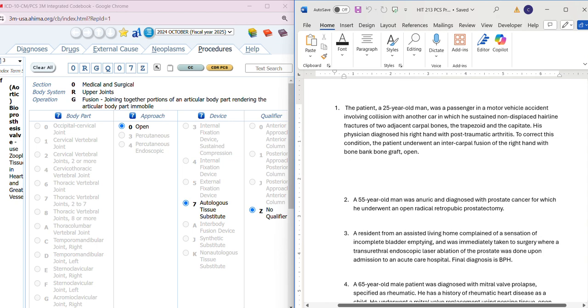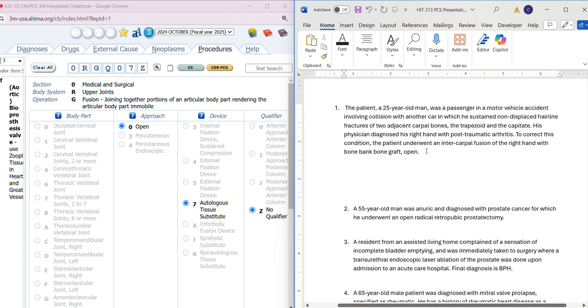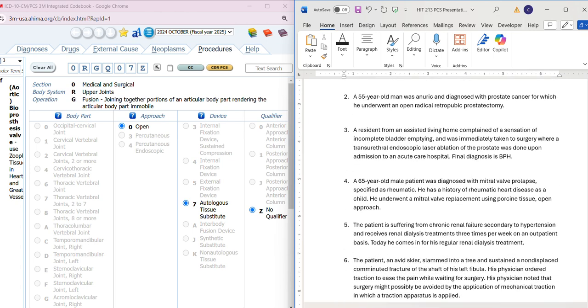So the code for this is going to be 0RGQ07Z. Okay, moving on to number 2.